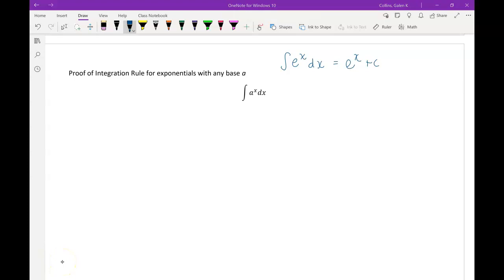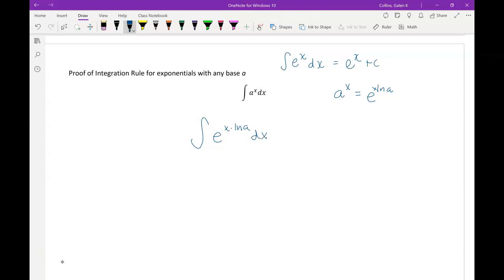All right, so just like before, let's rewrite a to the power of x as e to the power of ln of a times x. I'm going to put the x in front. So when I integrate this, I'm going to rewrite this as e to the power of x times the natural log of a.